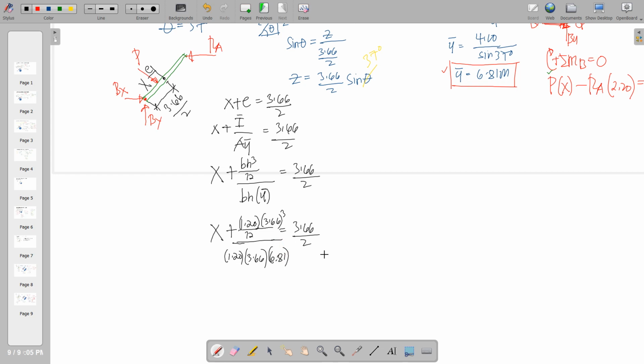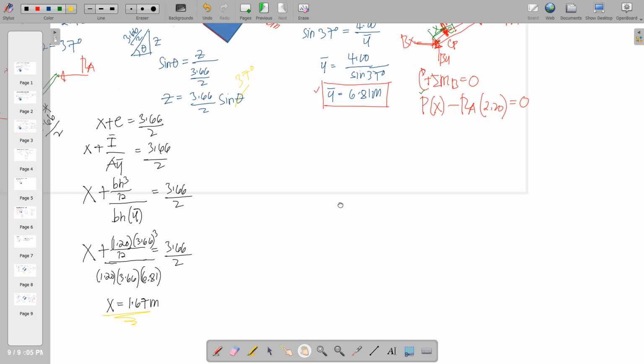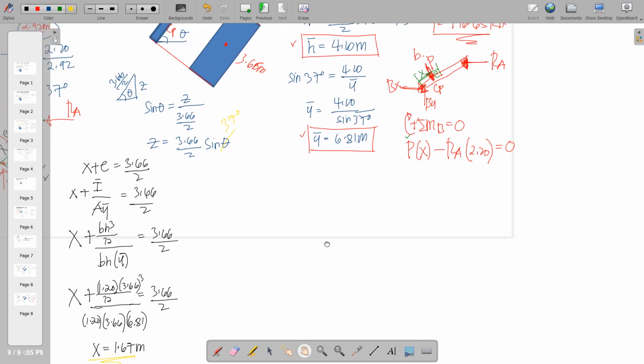Okay, so we manipulate the equation and get for x. Eventually, we have 1.67 meters. Okay, so knowing x, we can now go back to this.